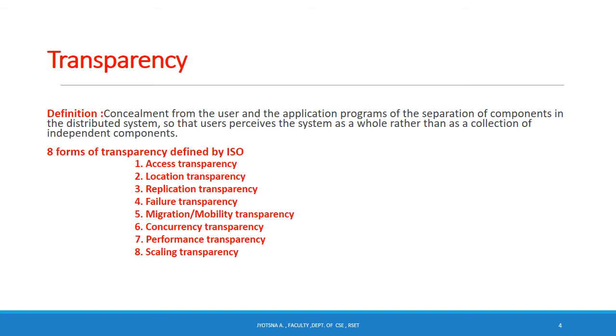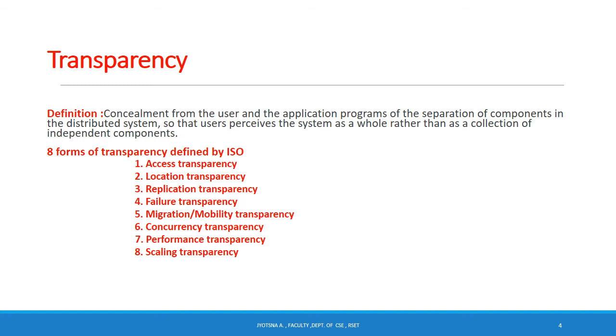The design issue is to hide from the users the fact that processes and resources are physically distributed across the network, right? Only if a single system image is achieved can we say that the system designers have achieved transparency. So transparency is to conceal from the user and the application program the separation of components in the distributed system.